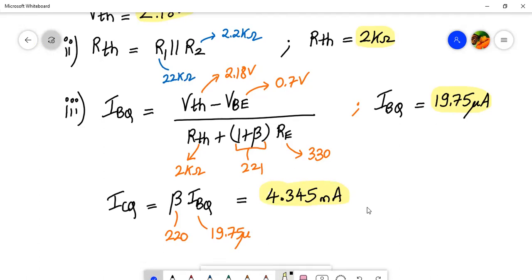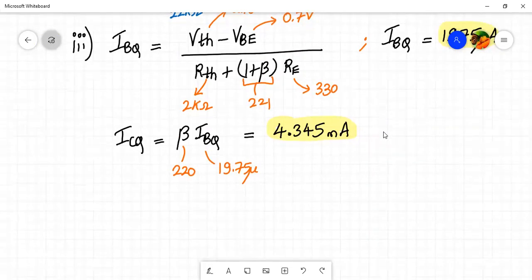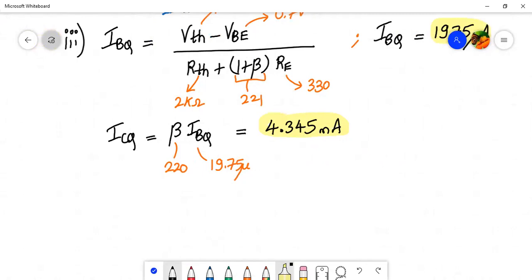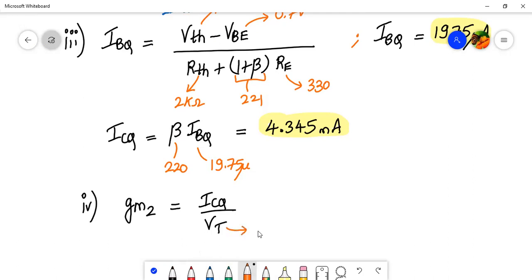Okay. Next is, why do we calculate the ICQ value? So that we can calculate the small signal parameters like GM. Now here in this case, the BJT is the second stage, so we'll call this GM2. And what is the formula? Formula is ICQ upon VT, right? Where VT value should be known to you by now. It's the thermal equivalent of voltage. It is 26 millivolt. And ICQ, we just now got it as 4.345 milliamperes.